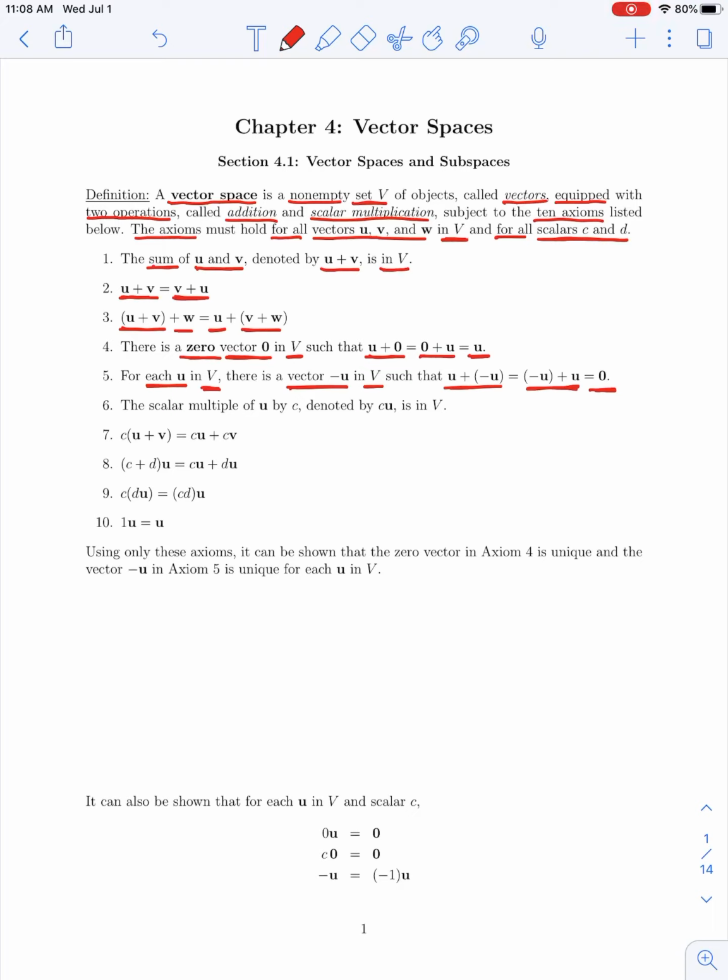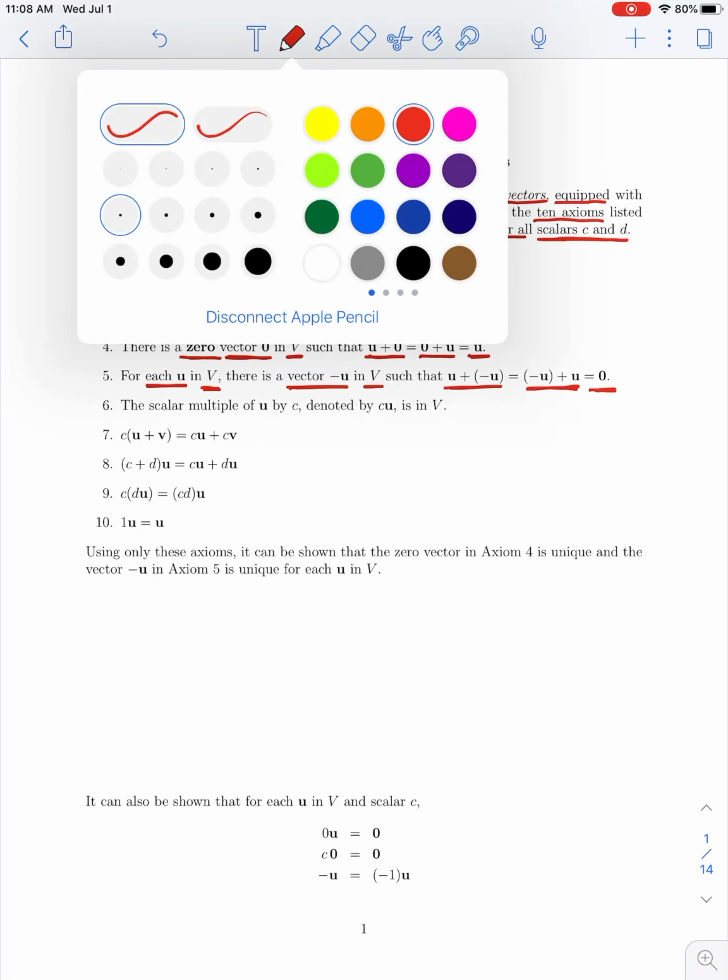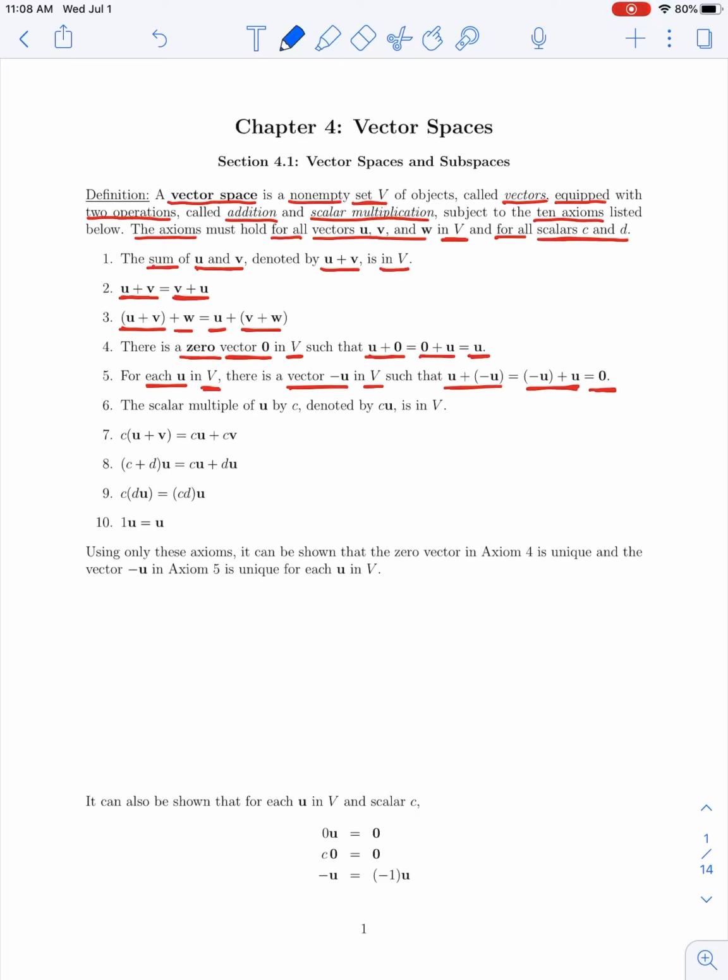Now, the last few properties all have to do with the second operation that we're defining on our non-empty set, which was referred to as scalar multiplication. So here, the first property dealing with scalar multiplication, property 6, says that the scalar multiple of some vector u by a scalar c, which is denoted as c times u, is in V. So that is, our space V must be closed under scalar multiplication.